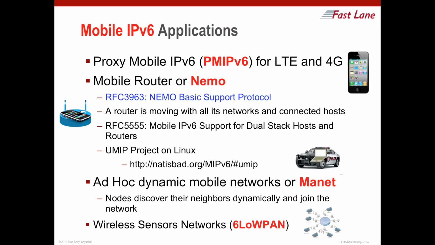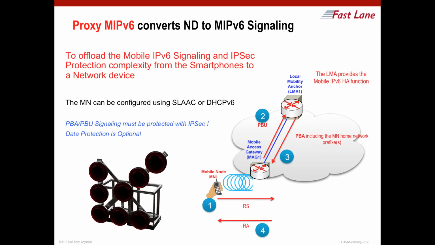And also something which is very popular currently, which are the wireless sensors network. These are applications of mobile IPv6. There may be more, but these ones are the most important.